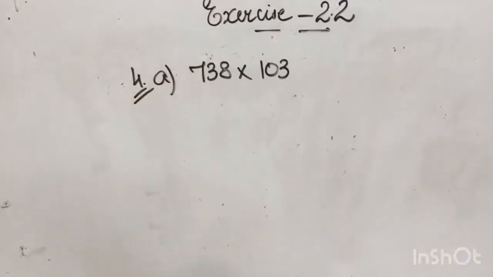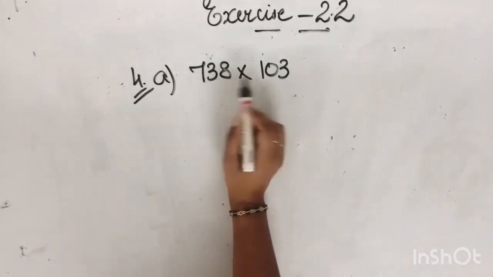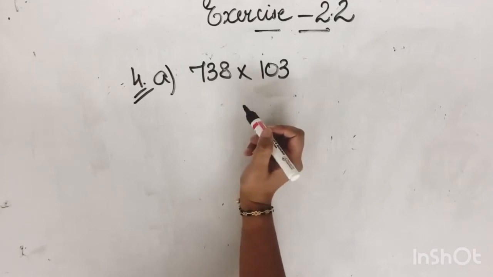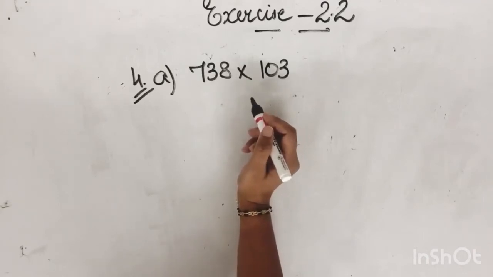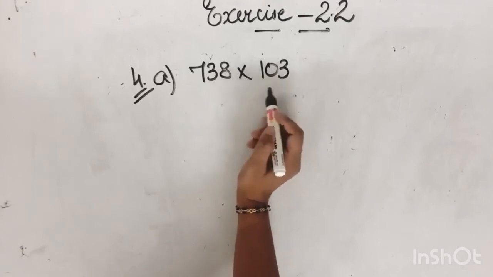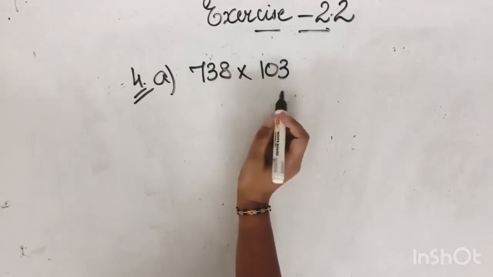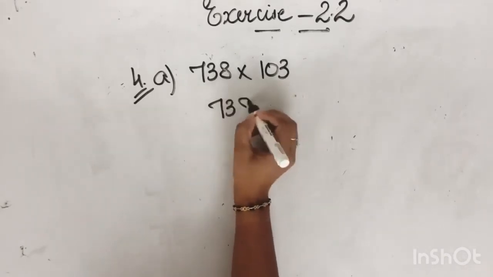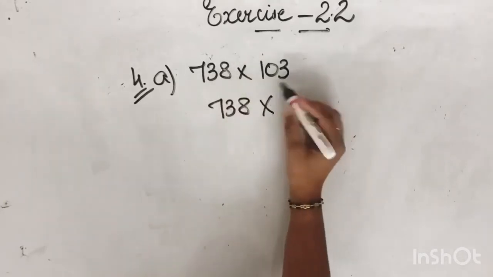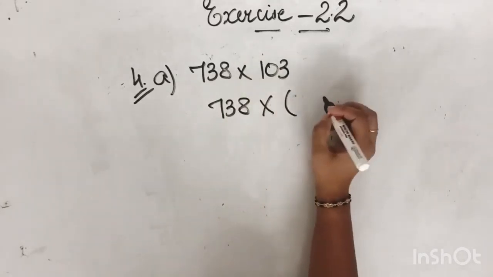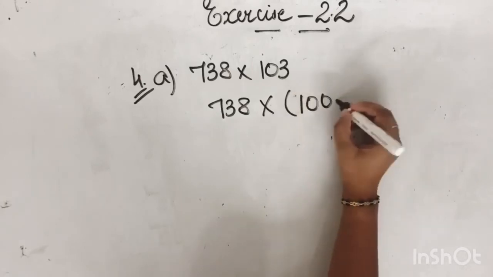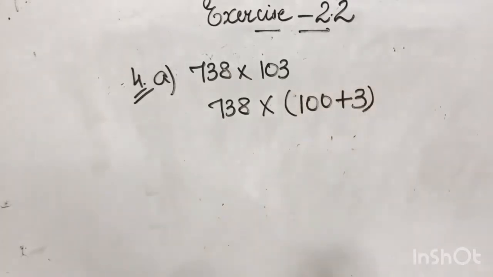Fourth question, A part. Find the product using suitable properties. Multiplying these two numbers is again difficult. So we can apply the distributive property. It means we can split a number into two numbers. 738, write as it is, multiply by 103, which can be written as 100 plus 3.